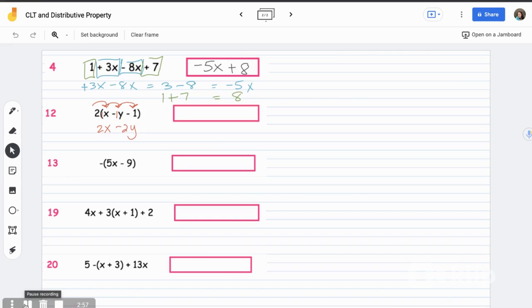And 2 times negative 1 is going to give us negative 2. You can't combine any terms here because x is not the same as y, and then the number on the end can't be combined with anything because it doesn't have a variable. So you're going to type in 2x minus 2y minus 2 for your answer on that one.